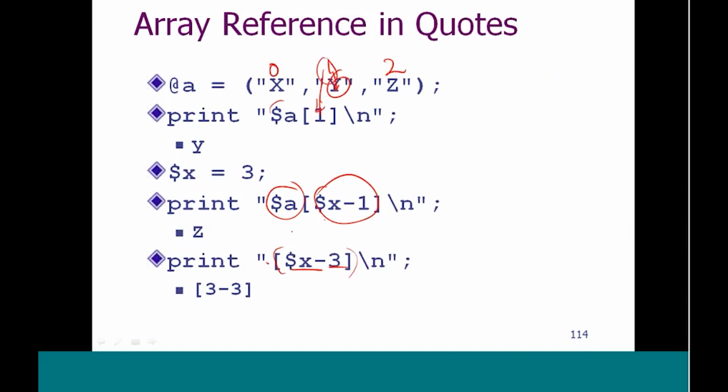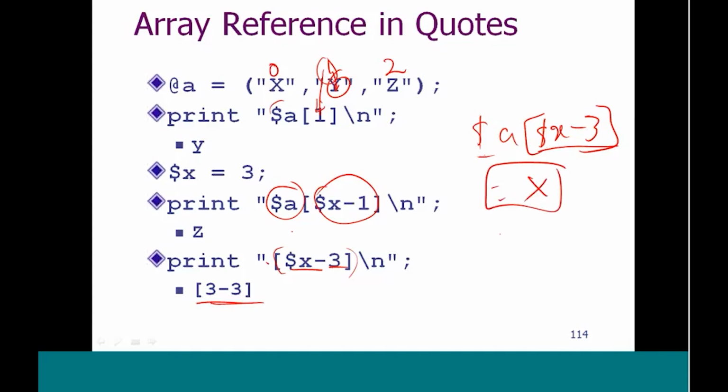So if we put $A[$x - 3], it cannot understand that you want to print it out literally this way, because it doesn't know that it needs to be printed this way. In this case it returns just x, which is not what we want. We want to see $A[$x - 3] or 3 minus 3, something like this.